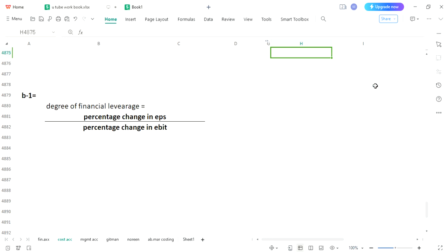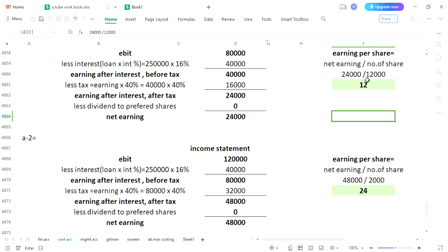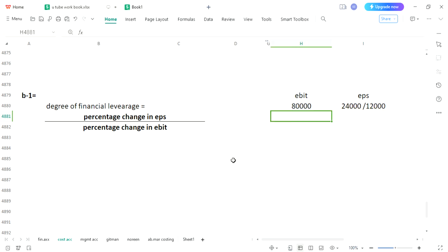So why not mention over here: first EBIT was 80,000 and you have calculated earning per share as well, which was 12. Let me show you again. We were having EBIT, look over here, 80,000. For this, earning per share was calculated as 12, and second EBIT is 120,000. So put 120,000 over here.